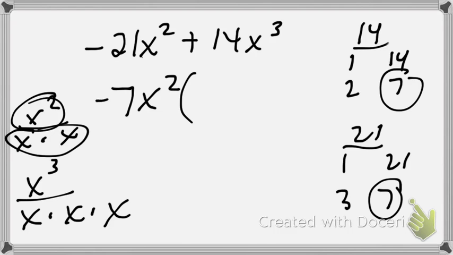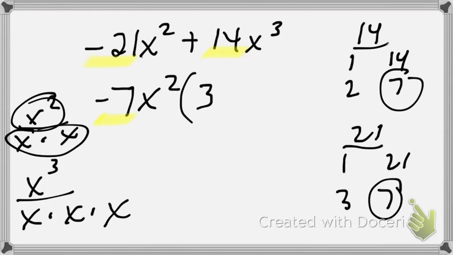It's negative, so we're going to pull out a negative 7x squared. That's going to allow us to have a positive coefficient with our x inside the parentheses. Okay, so we are now going to divide each of these coefficients by negative 7. So, negative 21 divided by negative 7 gives us 3.